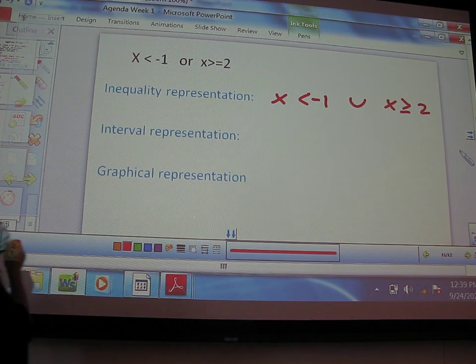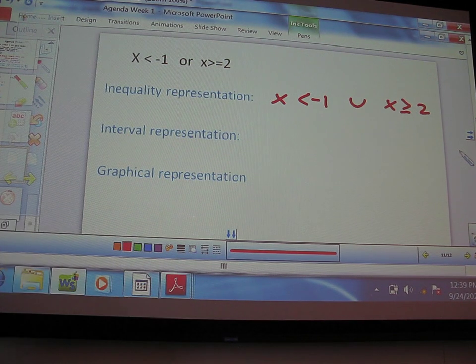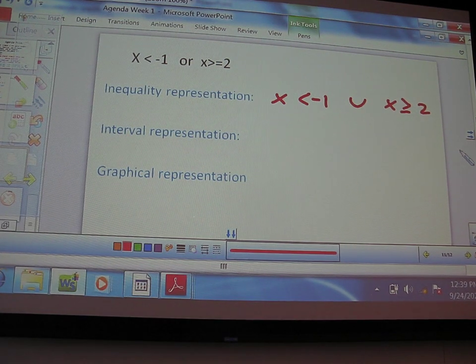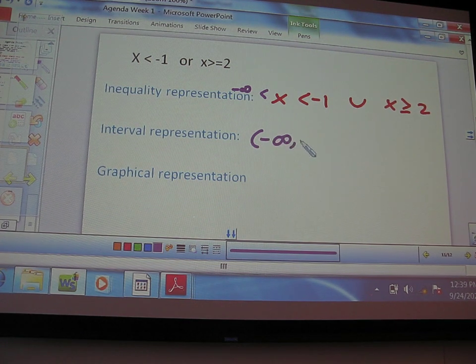Now, let's see. Interval representation. This one gets a little bit messy. X is less than -1. So it's greater than -infinity. So this is going to be -infinity to -1.